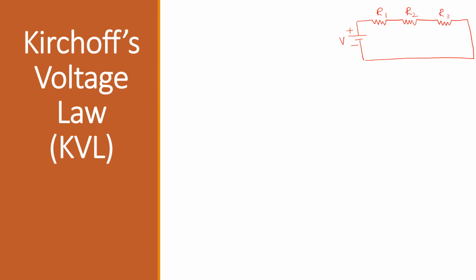Since R1 is connected to the positive terminal of the battery, this terminal of R1 is positive, this is negative, this is positive, this is negative, this is positive, and this is negative. The voltage drop across R1 is V1, the voltage drop across R2 is V2, and the voltage drop across R3 is V3, and this is the direction of current.